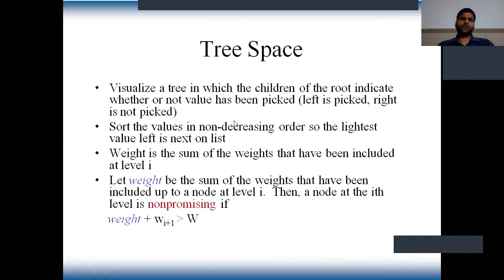We sort the values in non-decreasing order, so the lightest value is next on the list. Let weight be the sum of the weights that have been included up to the node at level i. Then a node at the ith level is non-promising if weight plus w(i+1) is greater than W.